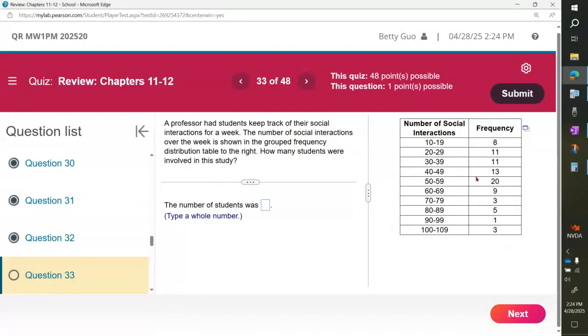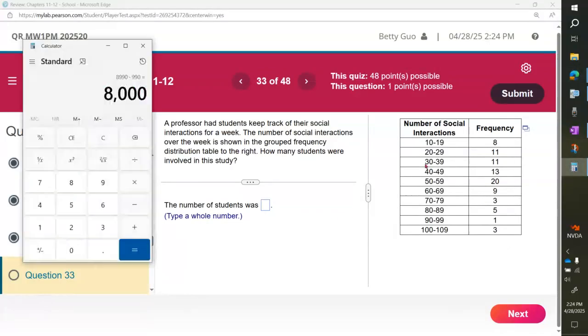We have those frequencies, right? Add them all together and we have the total number of students who participated in the survey. So we're going to add them together, okay? 8 plus the 2 11s make 22.